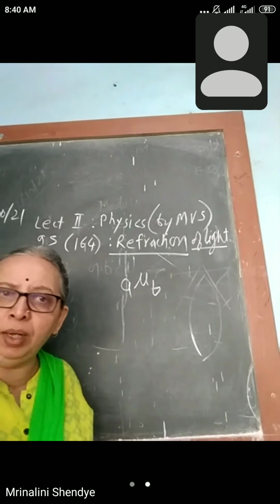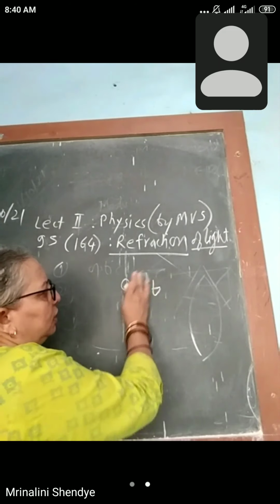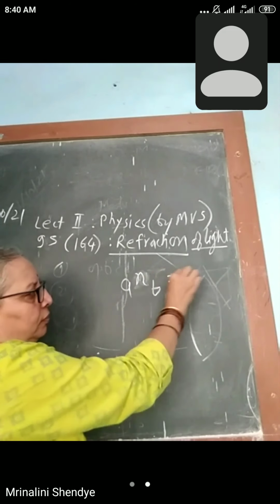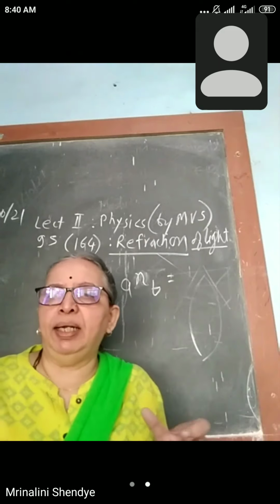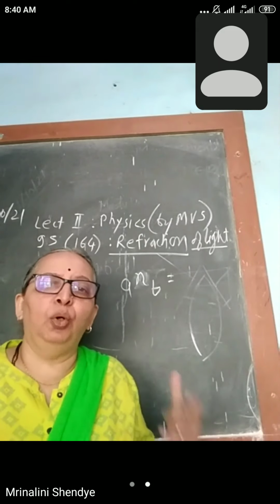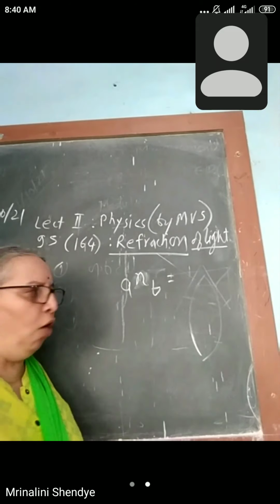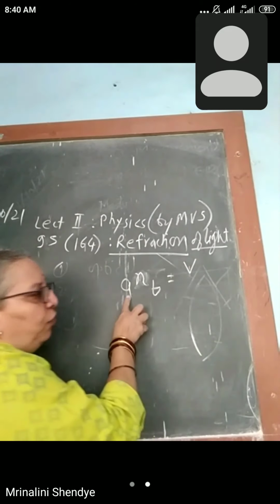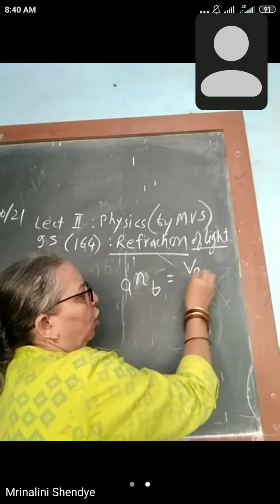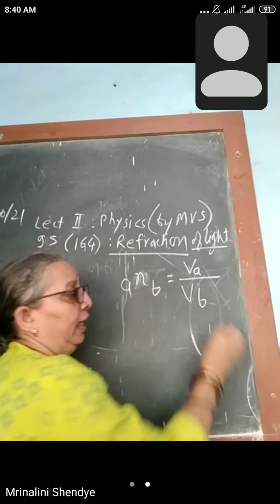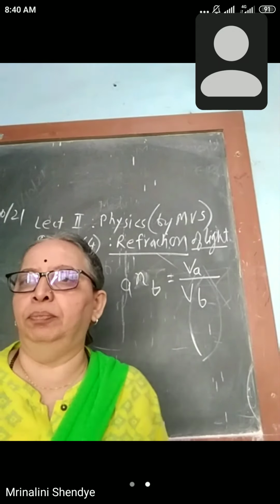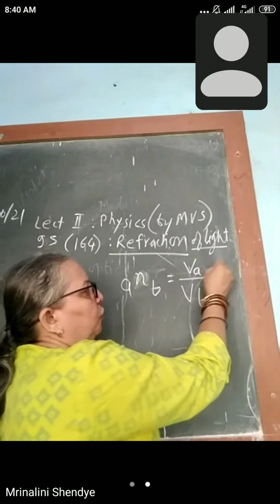In our book, they have used the symbol n. So the concept of relative refractive index we introduce here. It is the ratio of velocity of light in the first medium to velocity of light in the second medium. So this is the first formula.